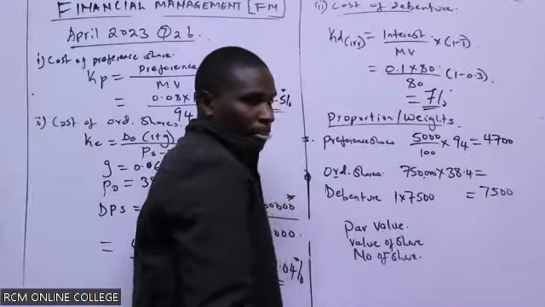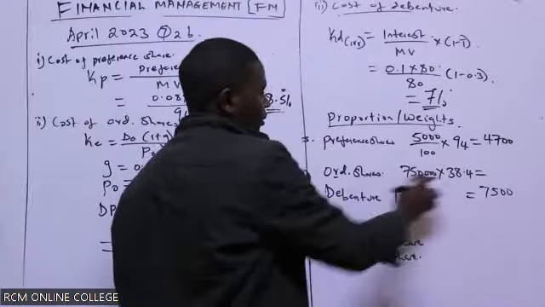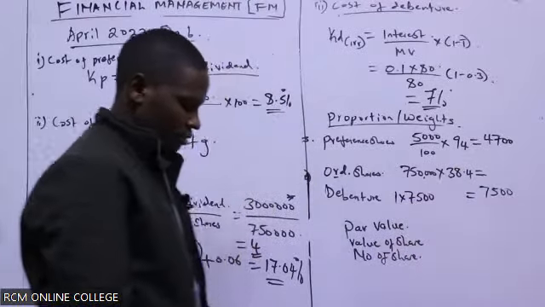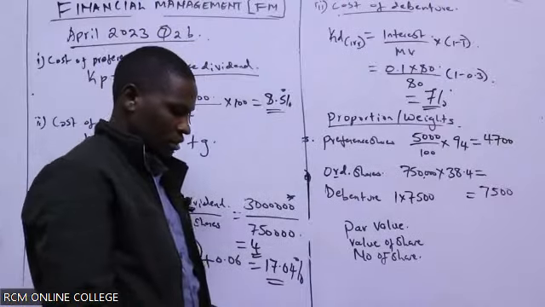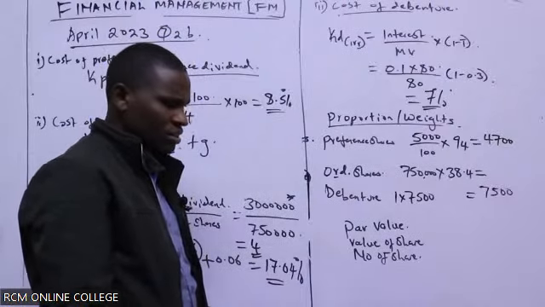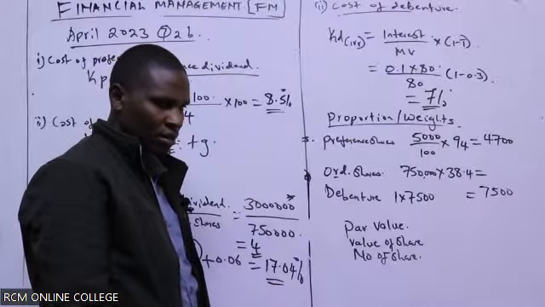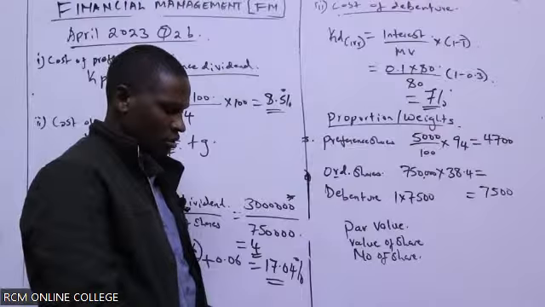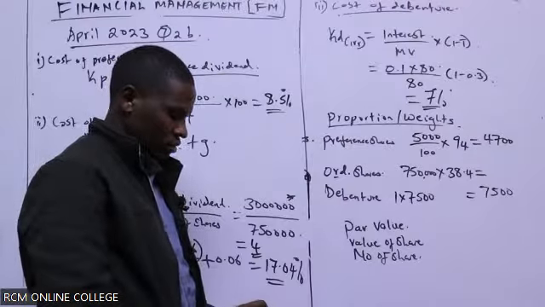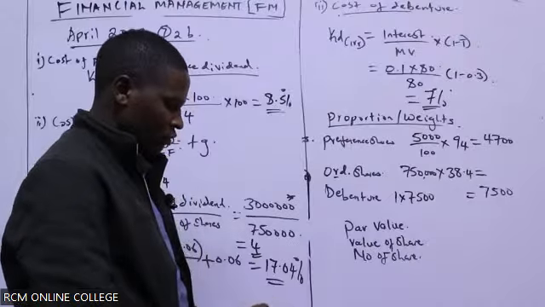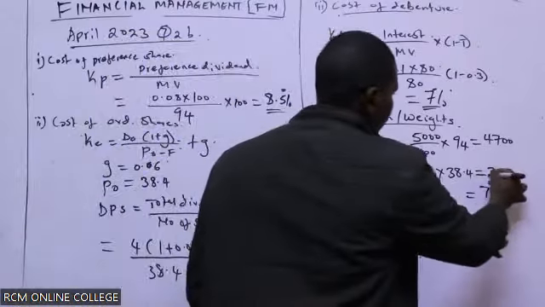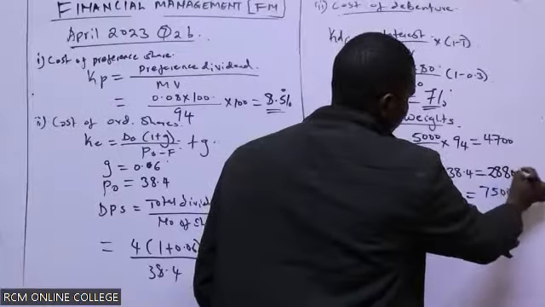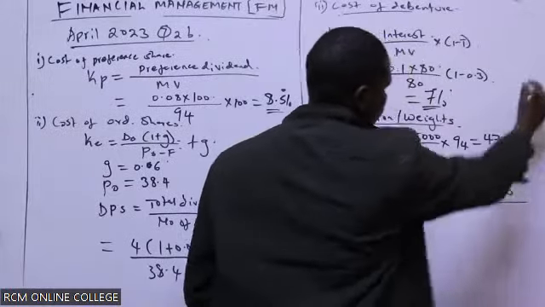Hiyo ingine nayo itakuwa mingi kabisa. Is it 750,000 times that? How much are you getting? Okay, ikuwe tu mingi ni sawa. 28,800. Now get the total so that we get proportion.